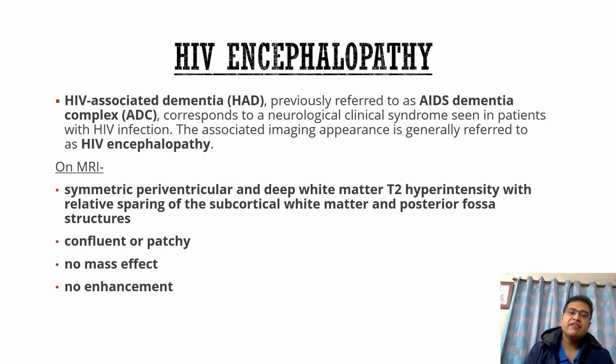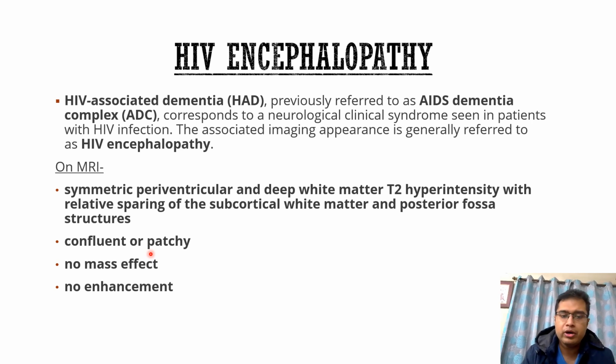So HIV encephalopathy or HIV associated dementia corresponds to a neurological clinical syndrome seen in patients with HIV infection, and it demonstrates a symmetric periventricular and deep white matter hyperintensity with relative sparing of the subcortical white matter and the posterior fossa structure. So this is very important, that there is relative sparing of the subcortical white matter and the posterior fossa structures, and these confluent or patchy hyperintensities show hypointensity on the T1 weighted images.